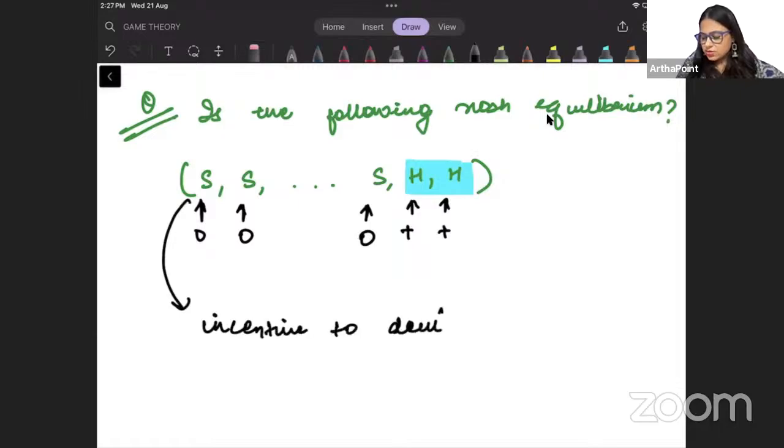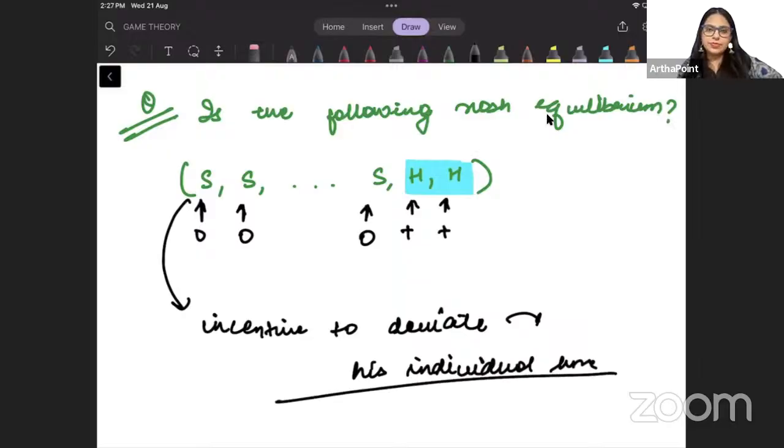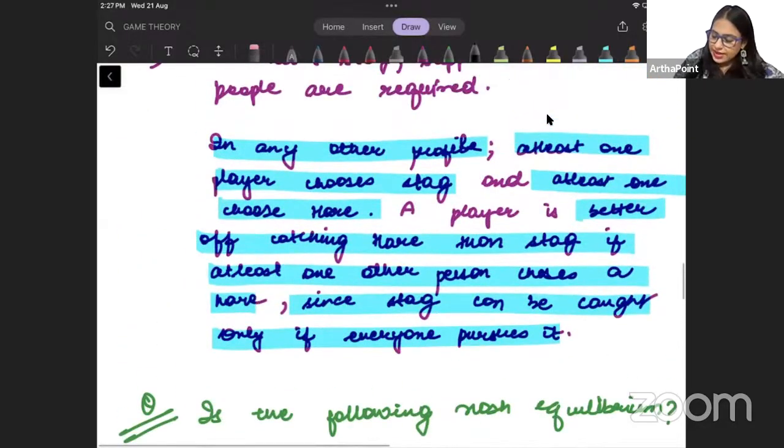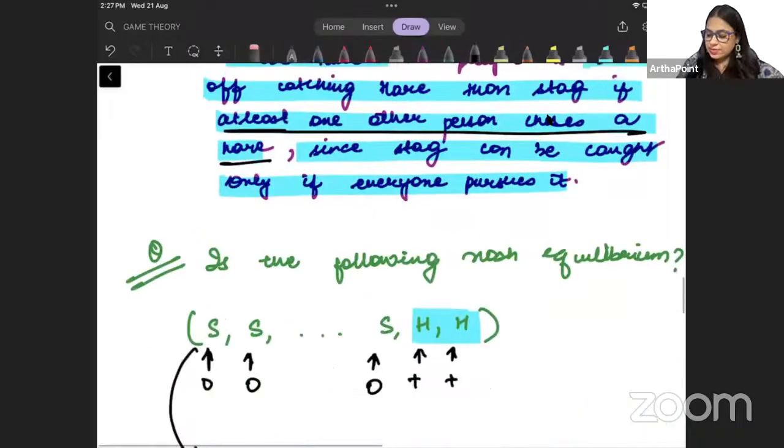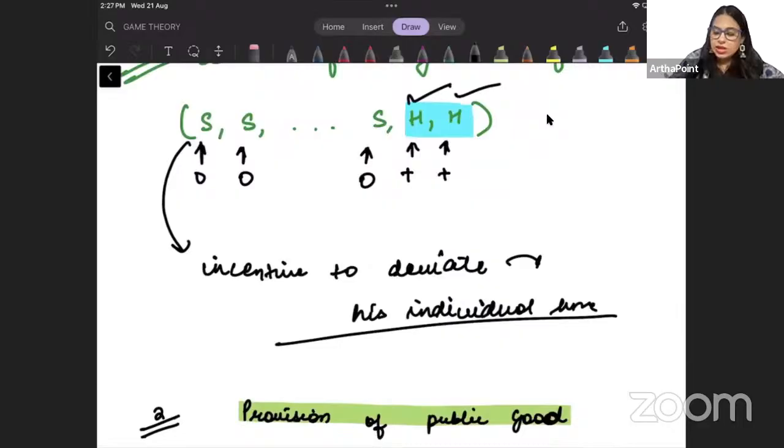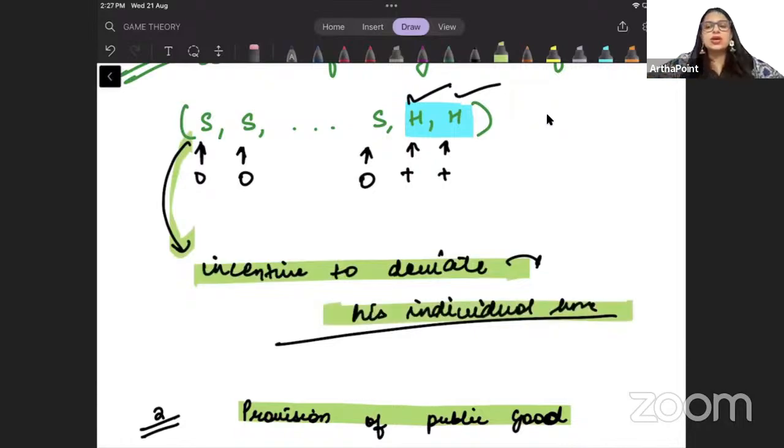He deviate कर जाएगा and he will go for his individual here. He will catch here, right? This is what is written here. That if there is at least one more person who is choosing here, अगर कम से कम दो लोग here choose कर रहे हैं, so any individual who is choosing stag, he knows that they cannot catch stag, so he has an incentive to deviate. वो deviate करेगा and he will choose here.